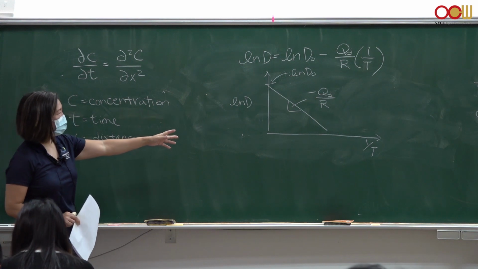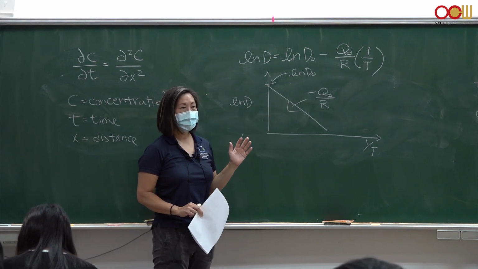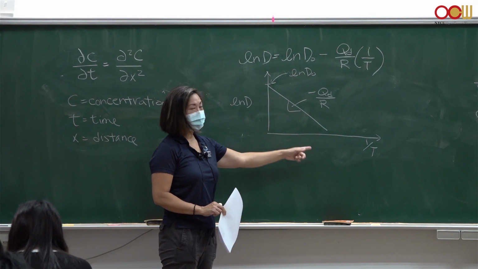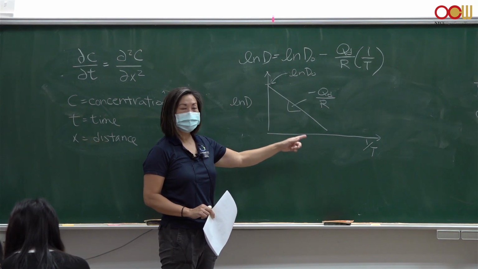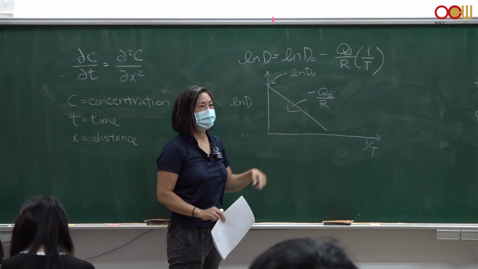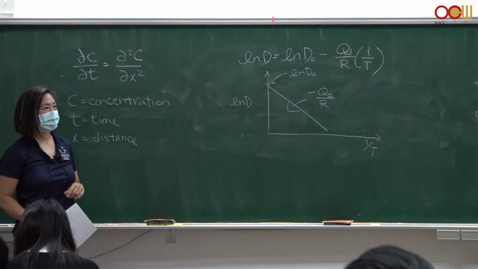You could set it at different temperatures and then measure how much carbon is going into your iron. Plot this line and be able to measure the D sub 0 and the activation energy for diffusion.